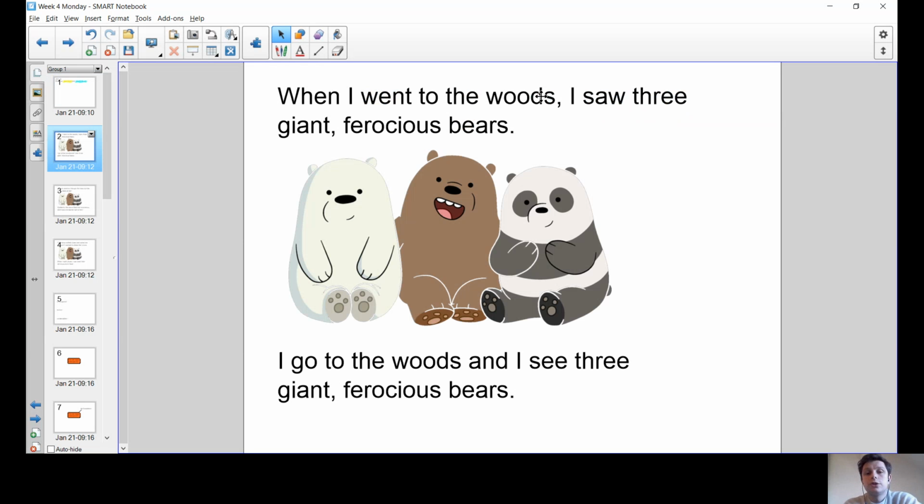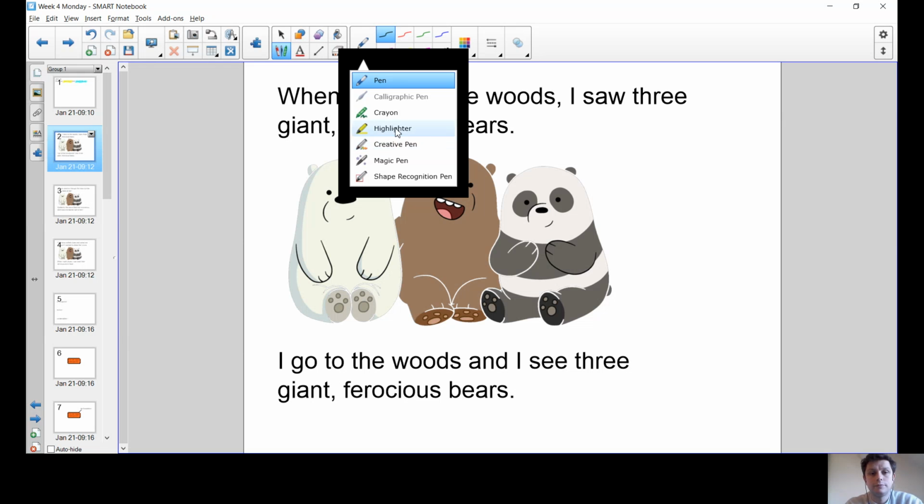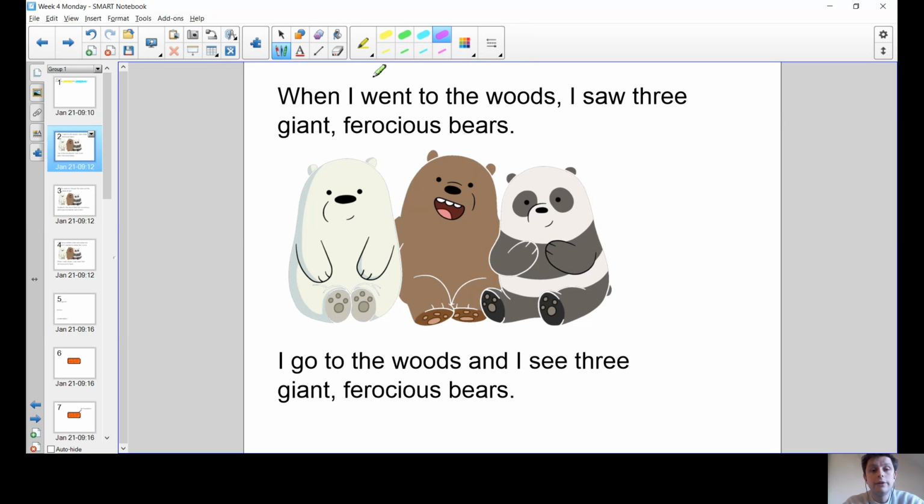When I went to the woods, I saw 3 giant, ferocious bears. That's our first sentence. And the next one: I go to the woods and I see 3 giant, ferocious bears. You can pause the video here and have a think which one of these is past tense and which is present tense. The first one, when I went to the woods, I saw 3 giant ferocious bears, is past tense.